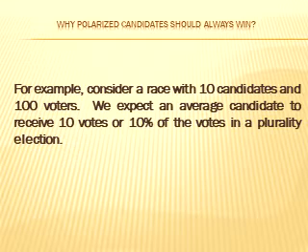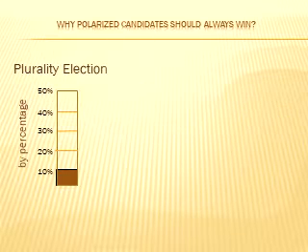For example, consider a race with 10 candidates and 100 voters. We expect an average candidate to receive 10 votes, or 10% of the votes, in a plurality election. Here's what we see in a plurality election, but does this really tell us all we need to know about the candidate?